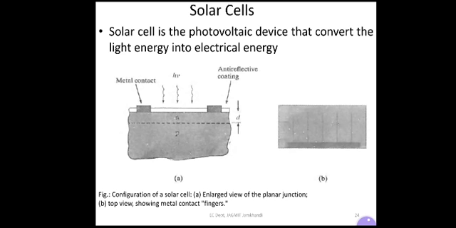The n-type semiconductor layer acts as the emitter, and the p-type semiconductor layer is the base, the one below. These two layers are sandwiched together, and hence a p-n junction is formed.